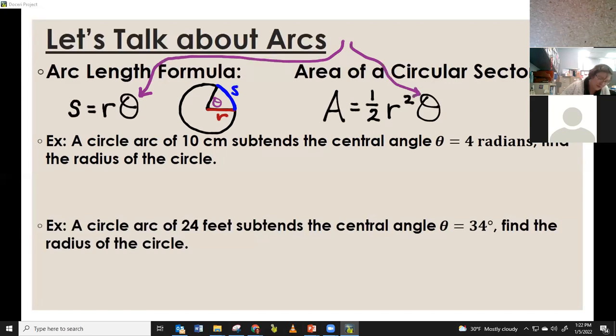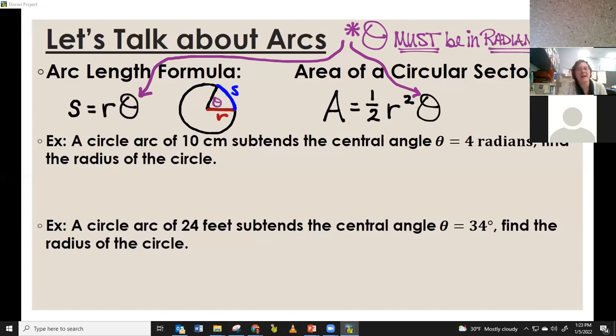The theta in both formulas must be in radians. Has to. These formulas do not work with degrees.